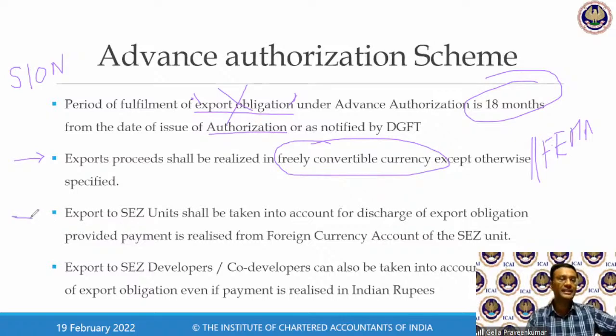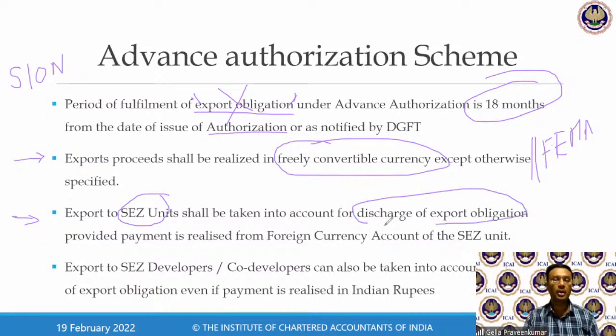So in relation to SEZ, when I make supplies to SEZ, now deemed exports is different, SEZ is a different concept. SEZ has a separate act called the SEZ Act. Under my foreign trade policy, they say that any goods which are exported to an SEZ unit, though the SEZ unit is within India, shall be taken into account for discharge of export obligation.